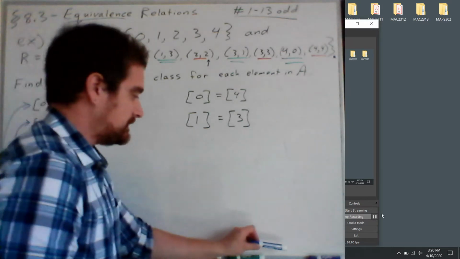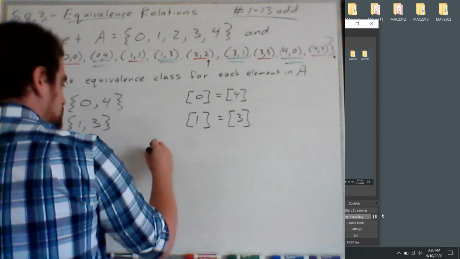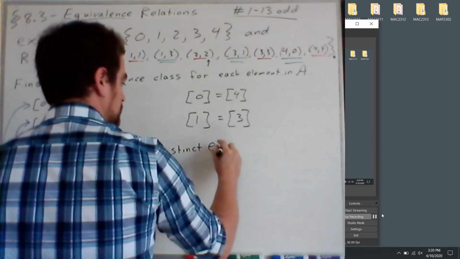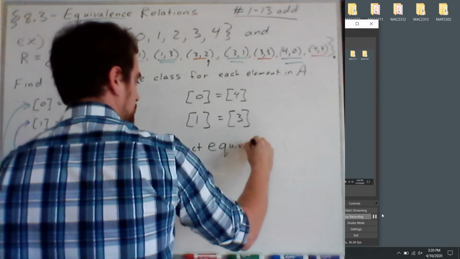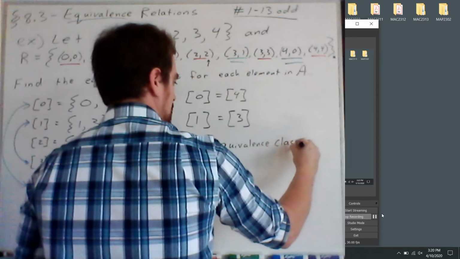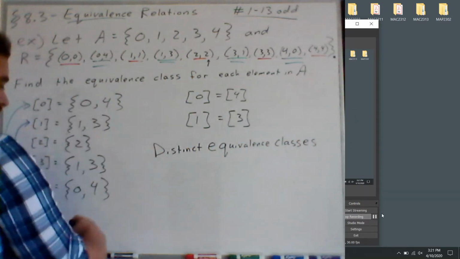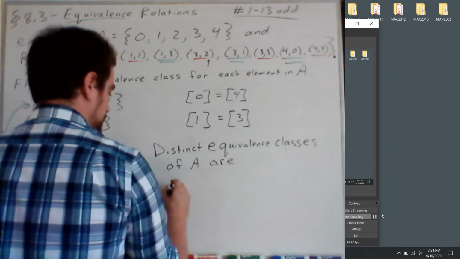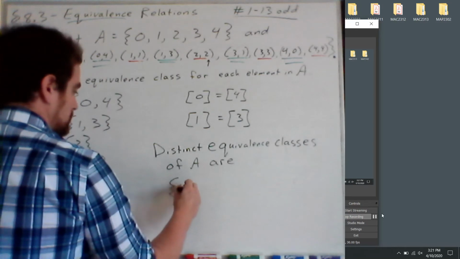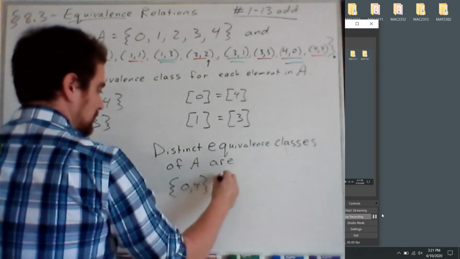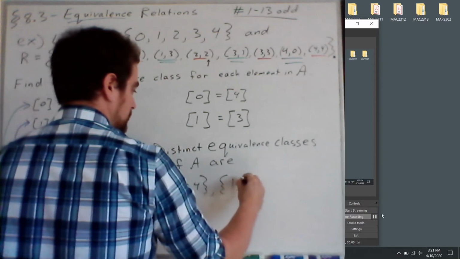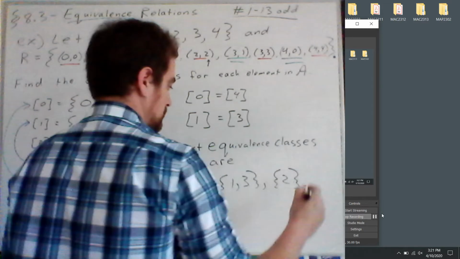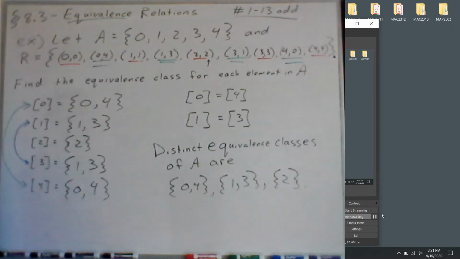So if we want to look for distinct equivalence classes, without having to bother with this repetition of saying the same set twice, we would just take 0, 4, 1, 3, and 2. All right, we would take those 3 sets.